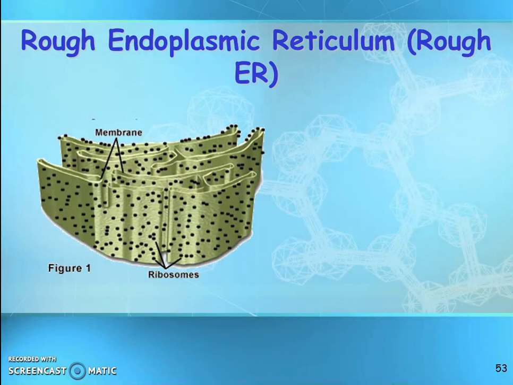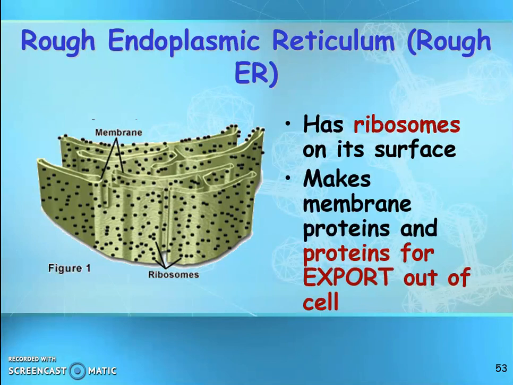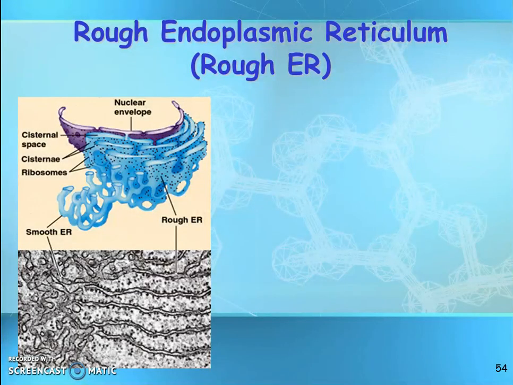The rough endoplasmic reticulum looks like this, and why is it called rough? Because it has ribosomes on its surface, and that makes membrane proteins and proteins for export out of the cell. So mainly the function of the endoplasmic reticulum is they make proteins and export them out of the cell.